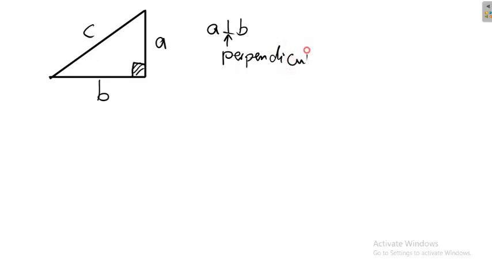And perpendicular means the angle between the two sides is equal 90. The measure of the angle equals 90.